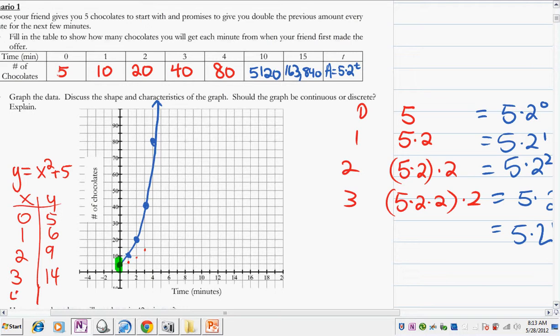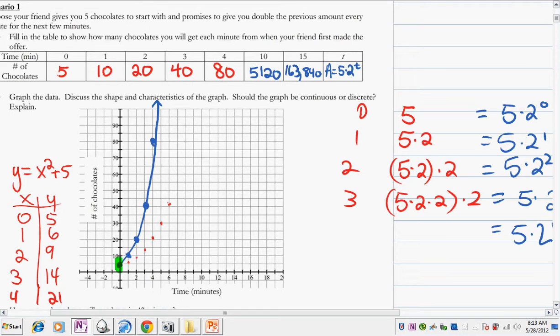What about a 4? I'd be at 21. So now it starts to grow a little bit. At 5, I'd be at 30. At 6, I'd be at 41. I'm just squaring the number and then adding 5.